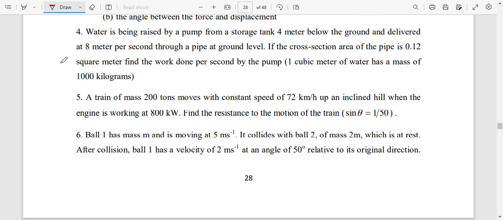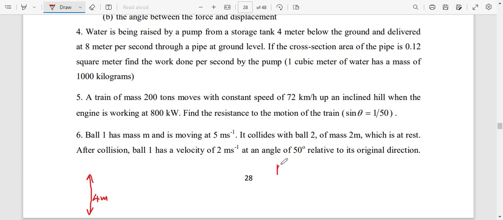Okay, question 4. Water is being raised by a pump from a storage tank 4 meters below the ground. So you get to bring it 4 meters from below the ground and delivered at 8 meters per second.